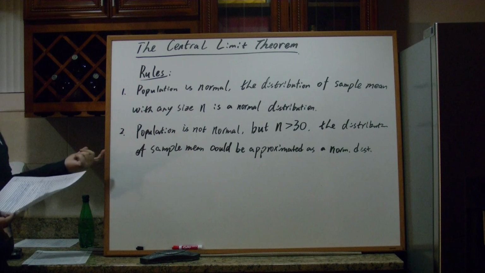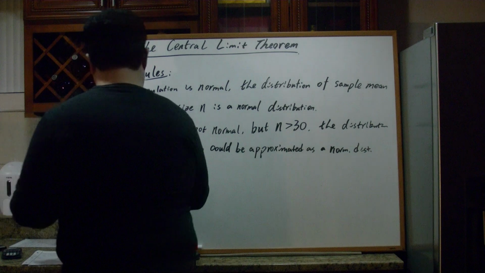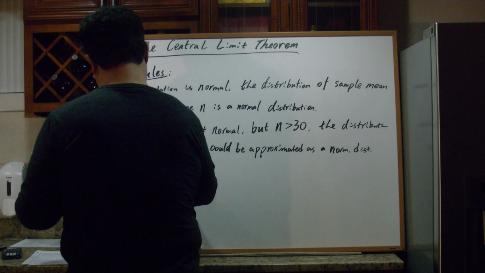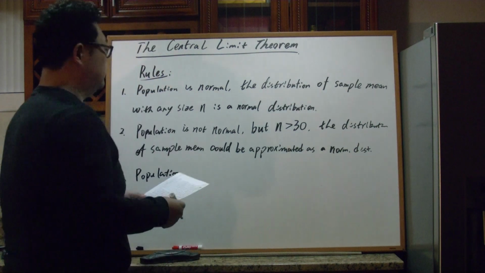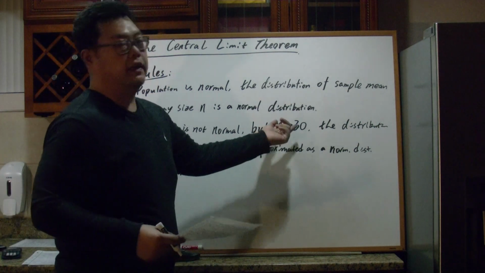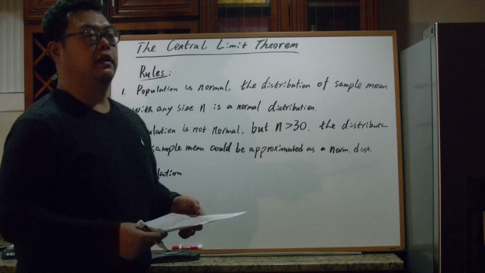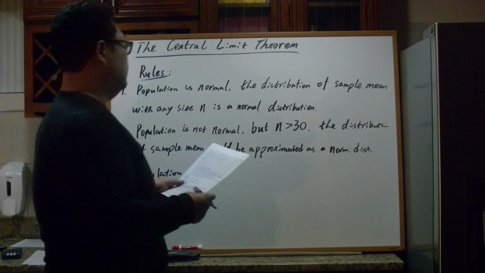And if the population is not normal and n is small? Some other books may state bigger than or equal to 30. That depends on the author of the book and what he or she chooses.